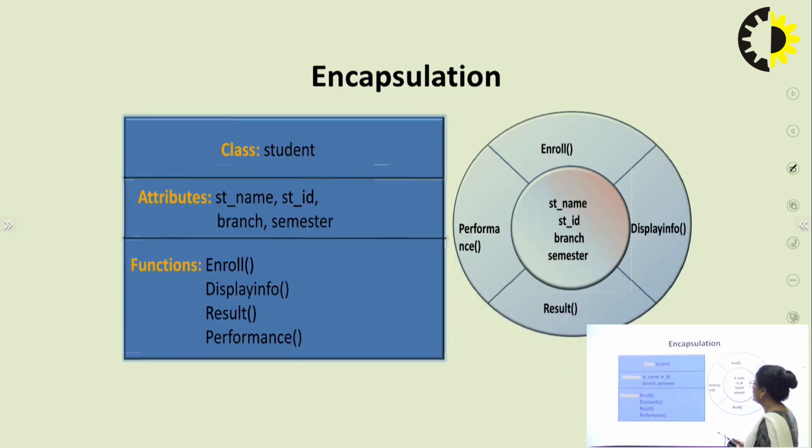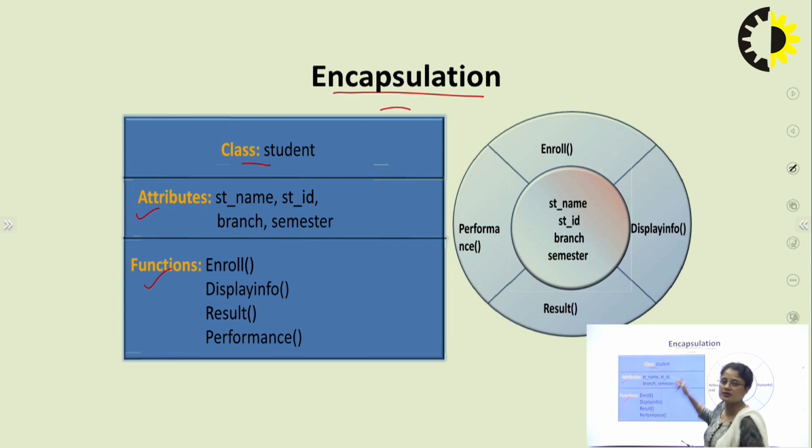Now, how do we actually go about defining a class? The concept of a class being made up of attributes and functions leads to the realization of a very important concept of object-oriented programming, which we call encapsulation. Here we have a class student, and this student encapsulates two important properties, those related to the attributes and those related to the functions.